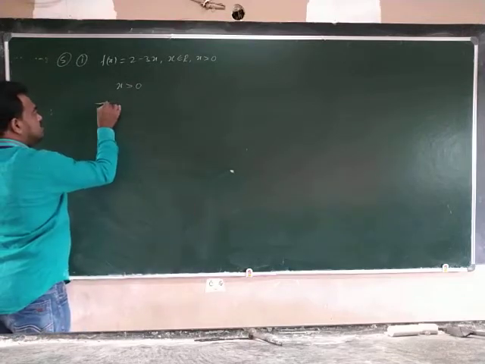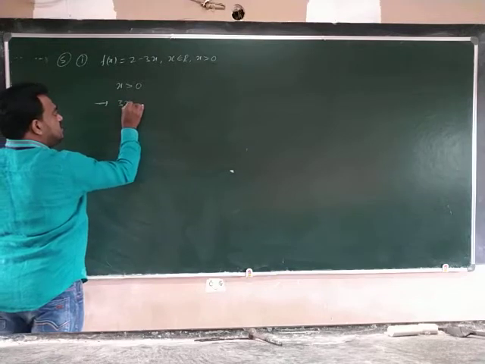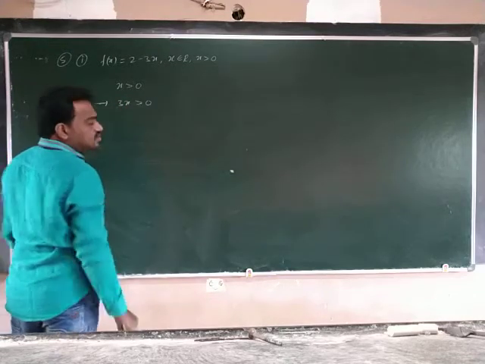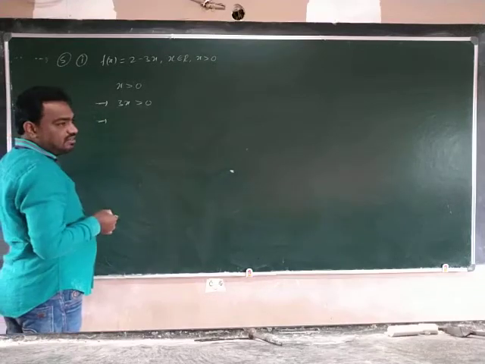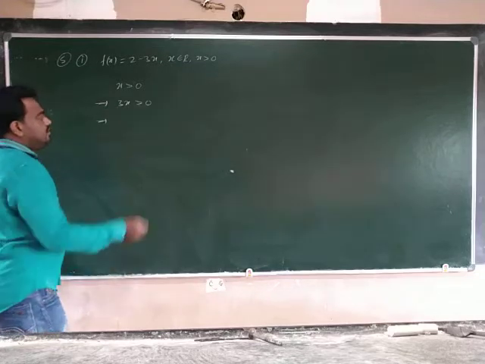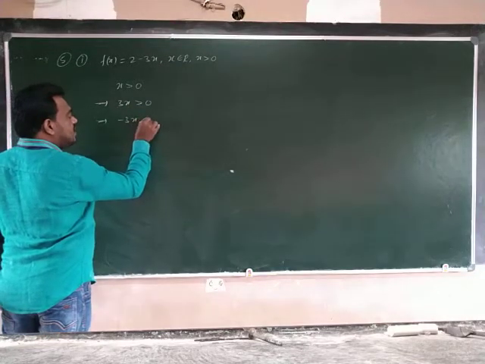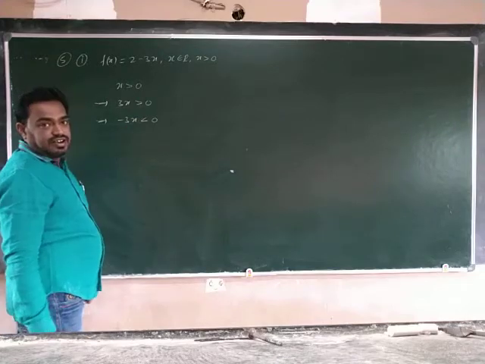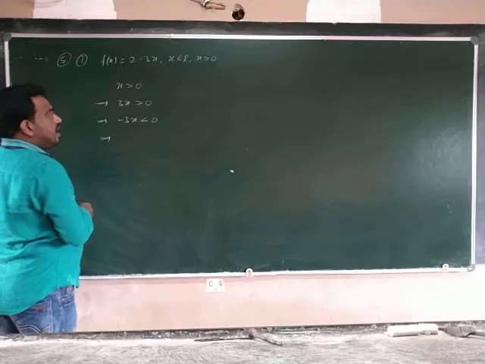That implies you multiply both sides with 3, then what are we getting? 3x is greater than 3 into 0, that is 0. Now you multiply with minus, so then what are we getting? Minus 3x, greater than changes to less than. Next you add 2 to both sides.